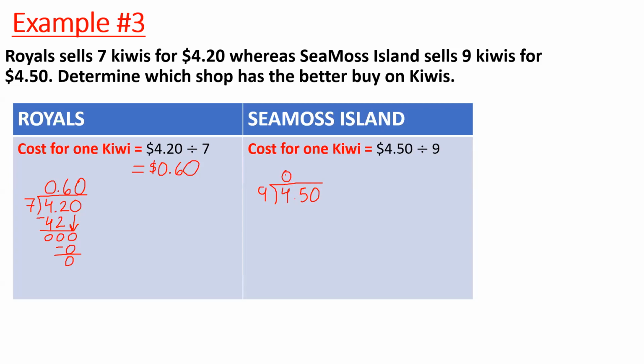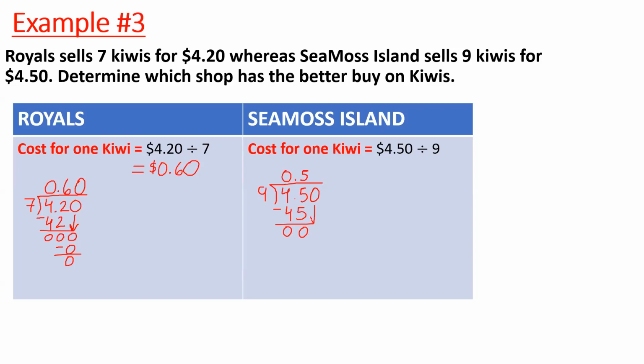Well, 9 can't go into 4, so we put the 0 down, and this is going to be point. How many times does 9 go into 45? That's going to be what? 5 times. 9 times 5 is going to be 45. And so 45 minus 45 is going to be 0. How many times does 9 go into 0?